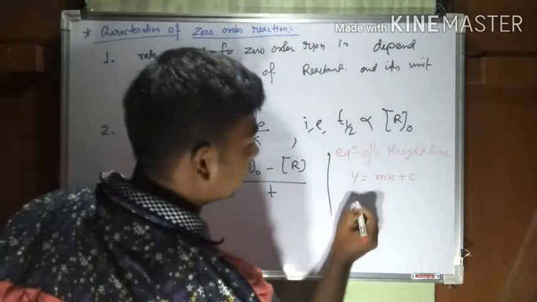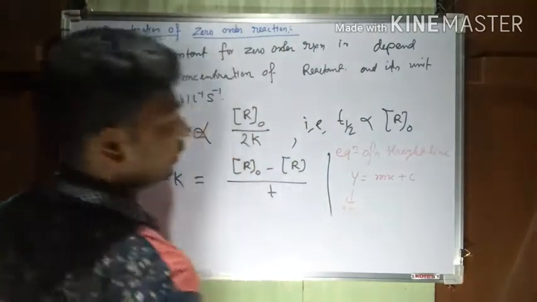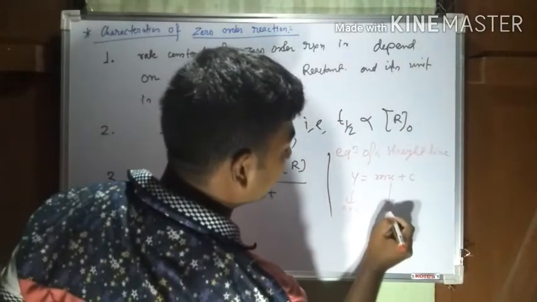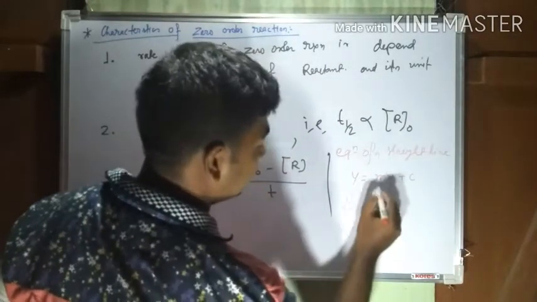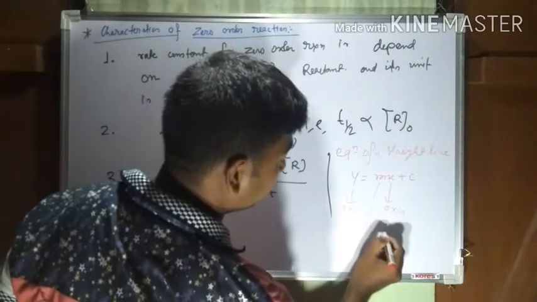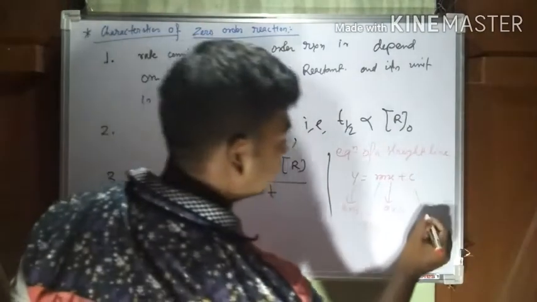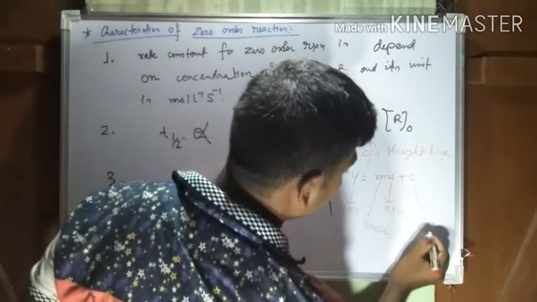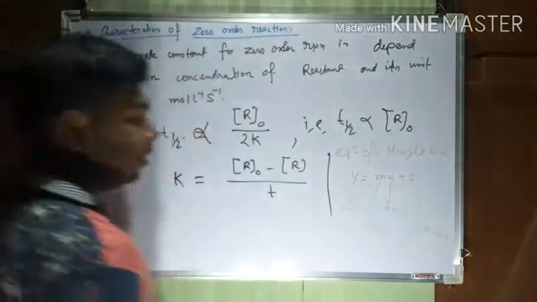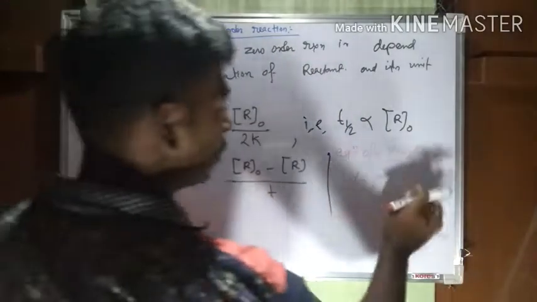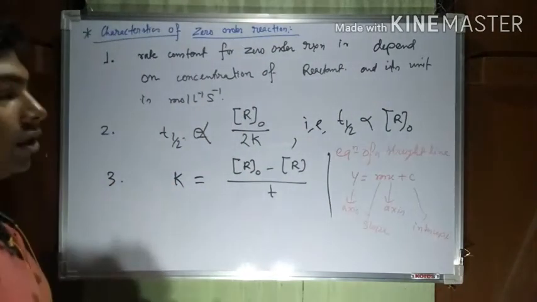This y is the y-axis, this x is the x-axis, this m is the slope and c is the intercept. You have to know the concept of the equation of a straight line.